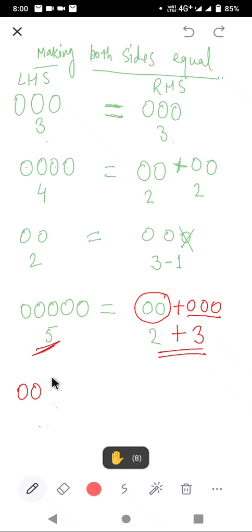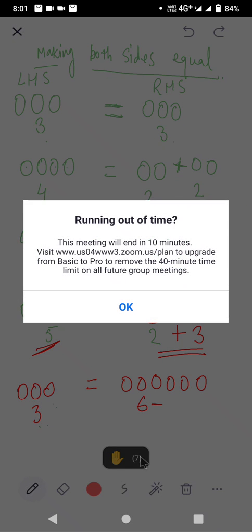Suppose here we have 3 and here we have 6. Both sides are not equal, we have to make them equal. So how can we make it equal? Here we have 3 on the left hand side, and on the right hand side how many? 1 2 3 4 5 6. So what do we need to subtract to make it equal?